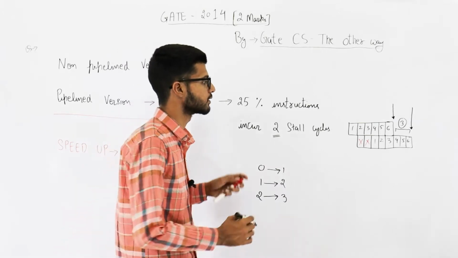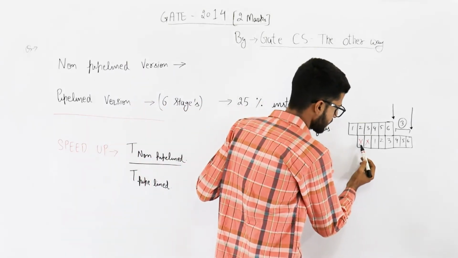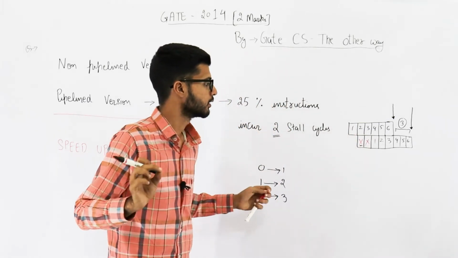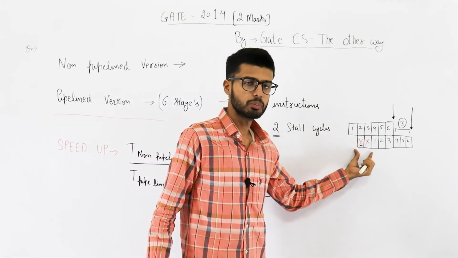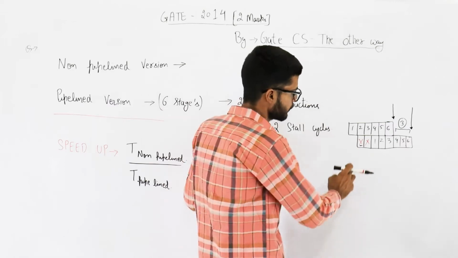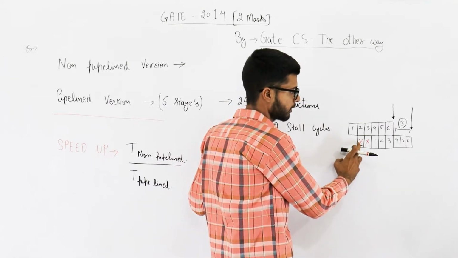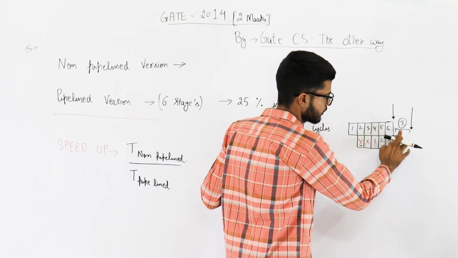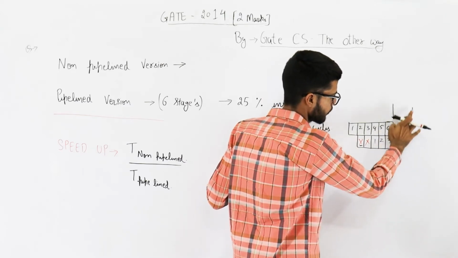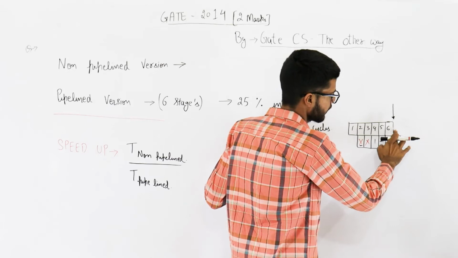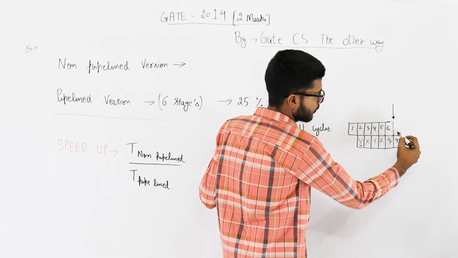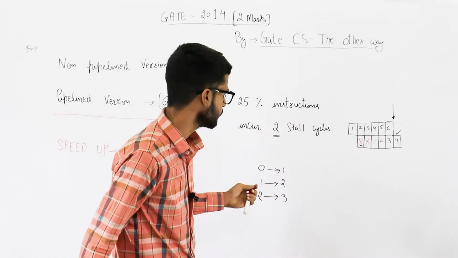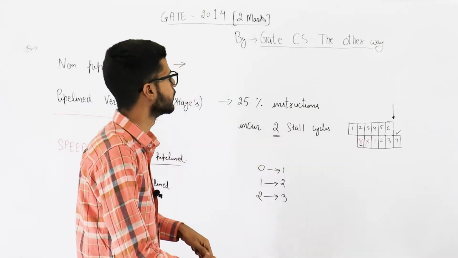0 stall cycles means we begin the execution from here only. That means these 2 clock cycles will also be utilized. Okay, so if you begin the execution from here, obviously you will end it here like this. That means the effective CPI is going to be 1. This instruction took only this cycle extra. Okay, that's what I'm trying to say.